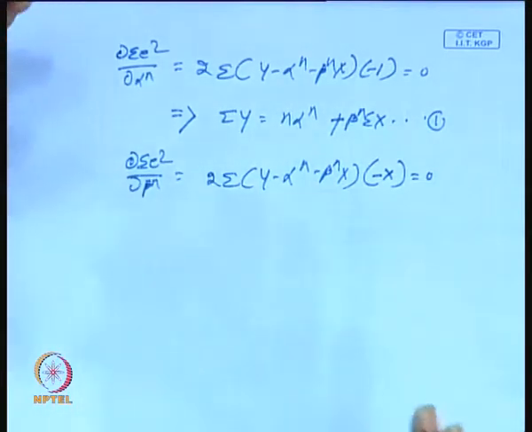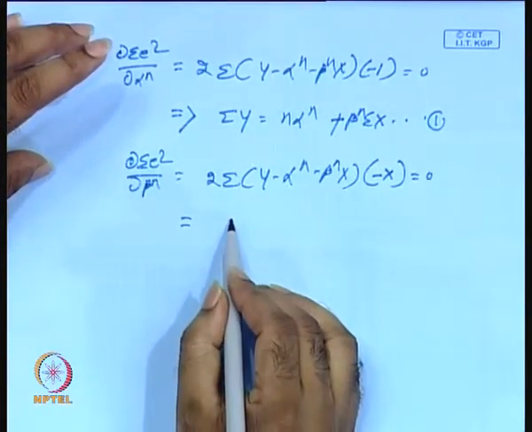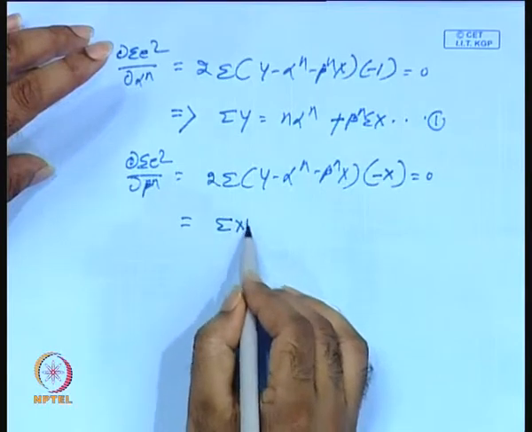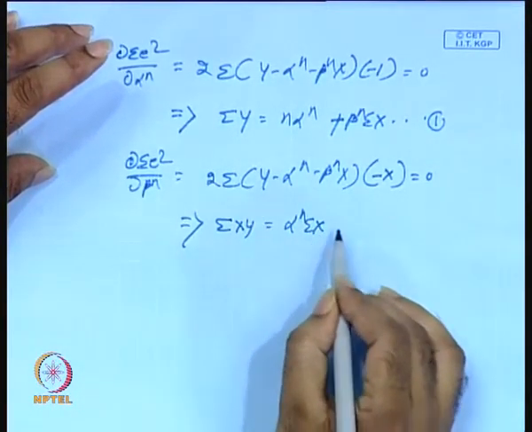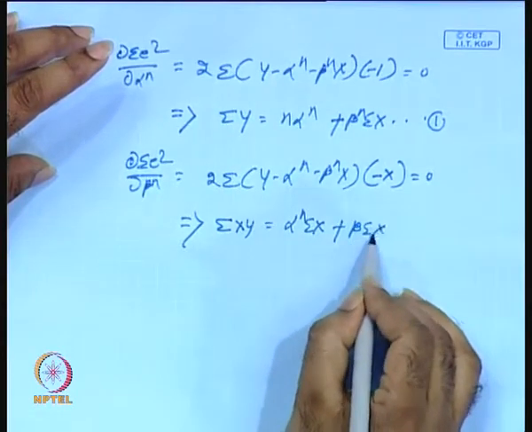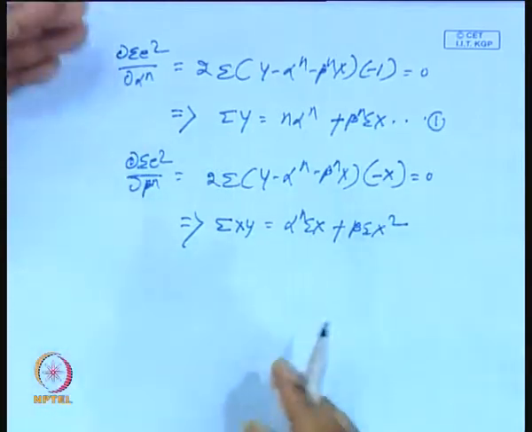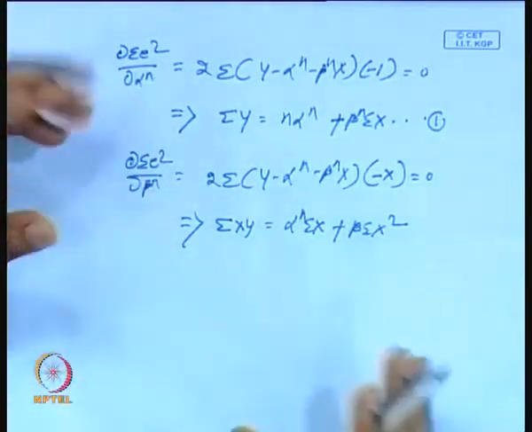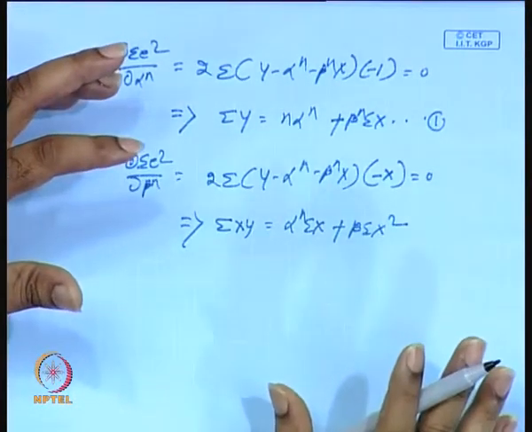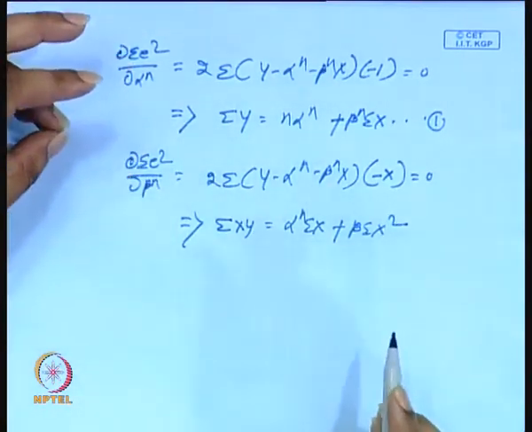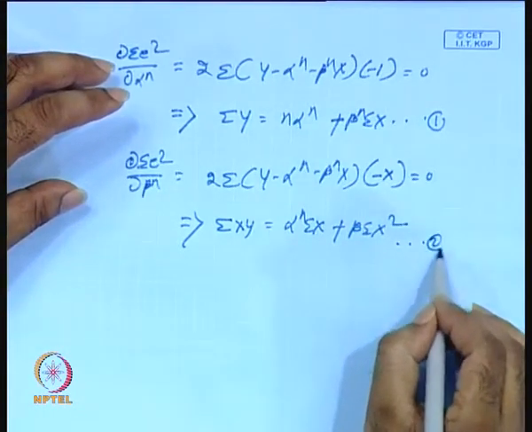If we simplify and structure properly, we get summation x y equal to alpha hat summation x plus beta hat summation x squares. Let us call this equation number 2.